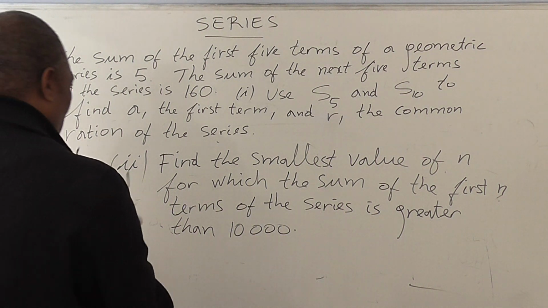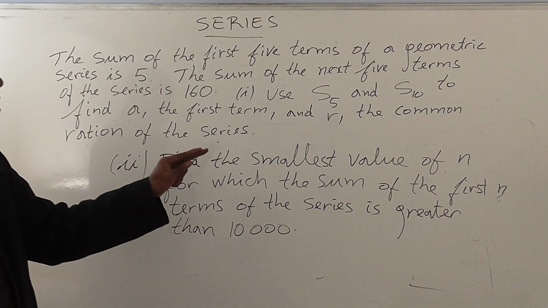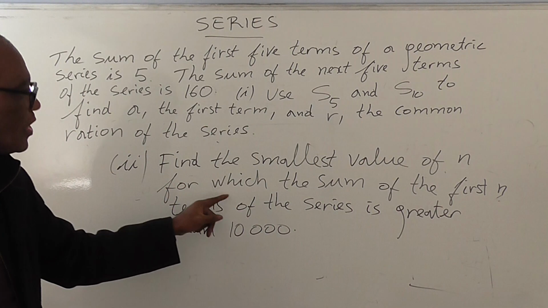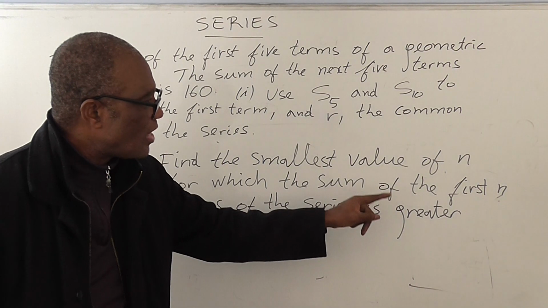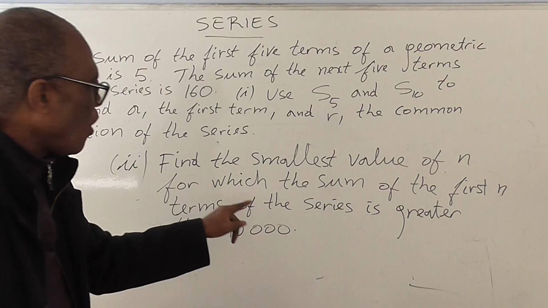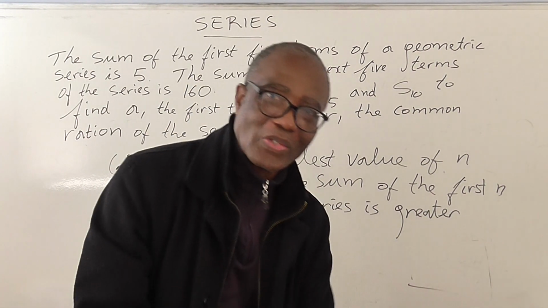Okay, so the question is there. Find the smallest value of n for which the sum of the first n terms of the series is greater than 10,000.